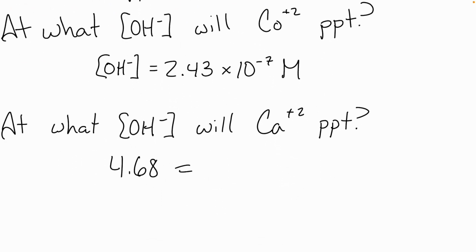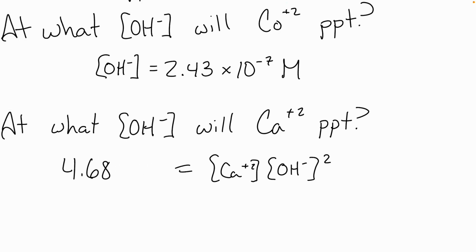All right, so again, I got basically the same problem here where my calcium times my hydroxide squared is equal to 4.68 times 10 to the negative 6. In this problem, I know my calcium ion concentration. The only thing I'm missing is my hydroxide ion concentration.